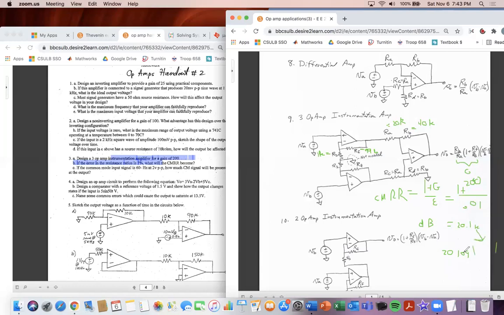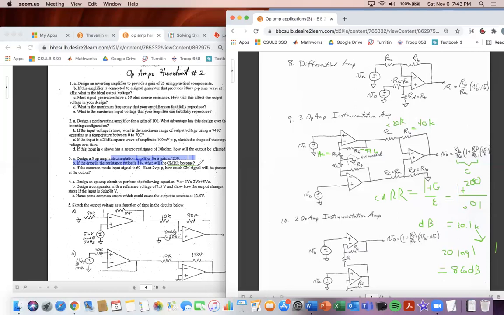That 20 log is taken from the 10 log of the V out squared over V in squared. The 2 comes to the front, and that multiplies by 10 to make 20. So it becomes 20 log, and then plug that in. And I got as my value 86 decibels. Okay, now that I got that value, that's what my CMRR became.